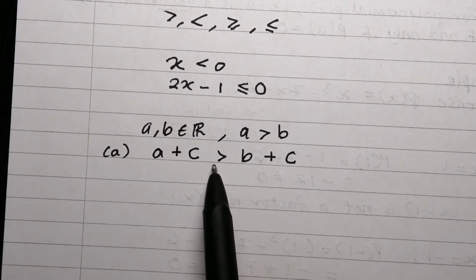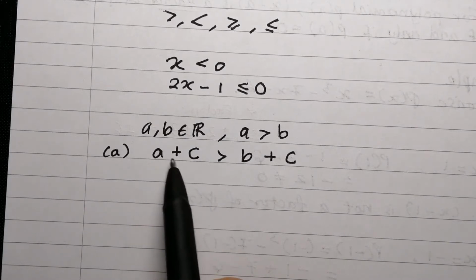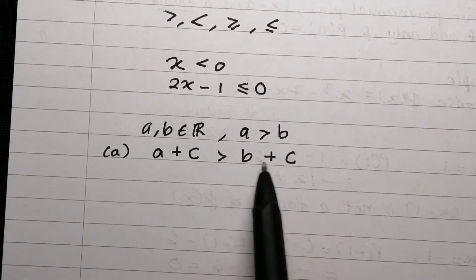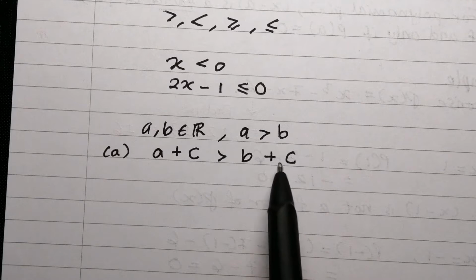So it's the basic rule: the left hand side is still bigger than the right hand side.